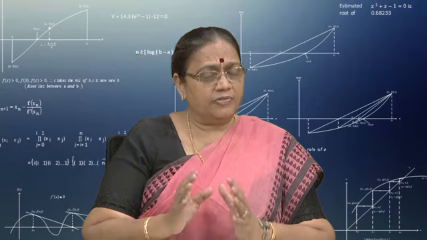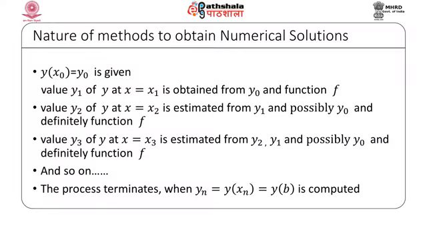This is how we proceed to solve the differential equation. What is the behavior of the formulas? How do we solve it? We are given at the initial point x0, that is a, the value of y at the point x0 as y0. How do we get the value at the point x1, that is x0 plus h? For simplification, we will call the value of y at x1 as y1. So y1 will be obtained from the value of y at x equal to x0 in terms of the function value, because dy by dx is f(x, y).